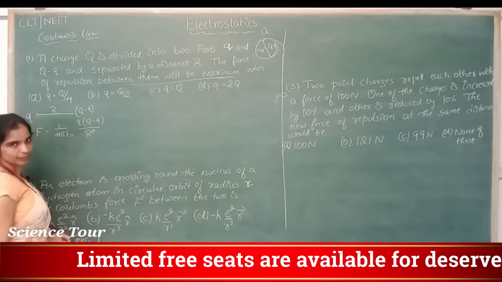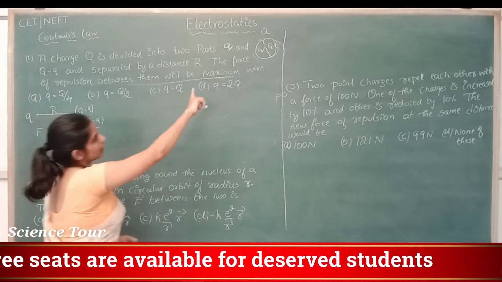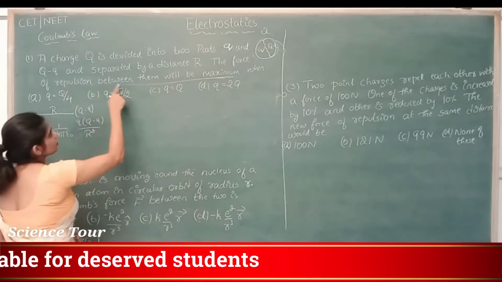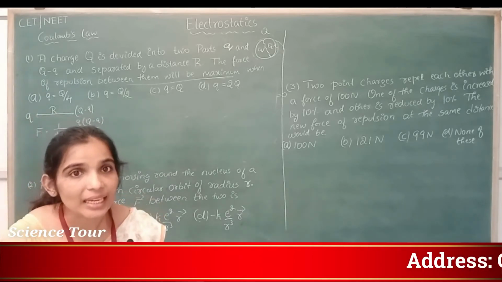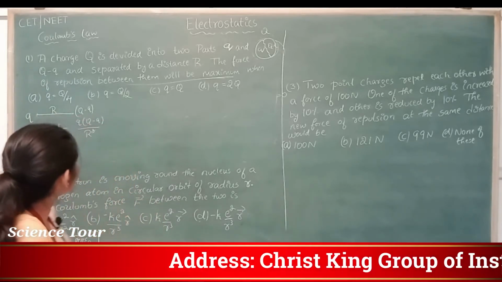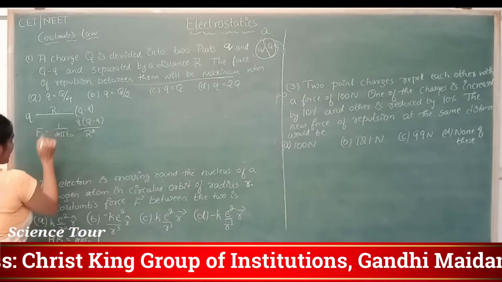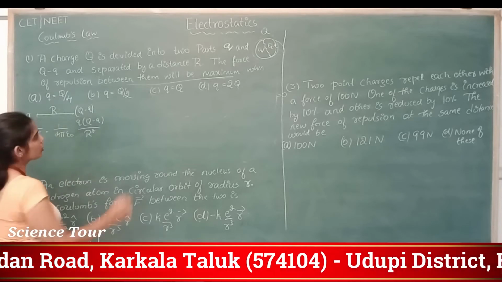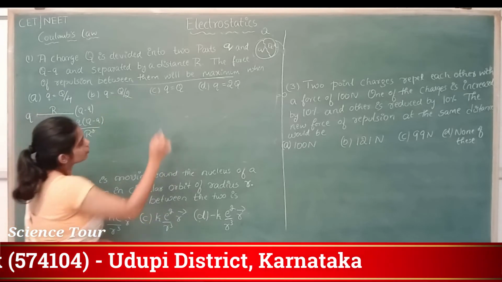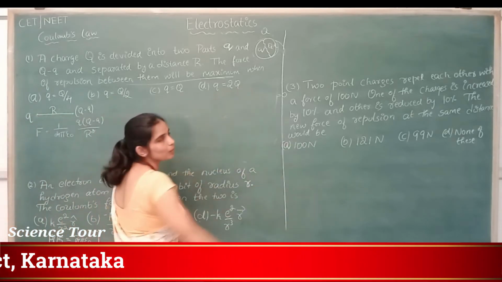Am I correct? Okay. The force of repulsion between them will be maximum, they are saying, when q should be Q by 4, Q by 2, Q, or 2Q.